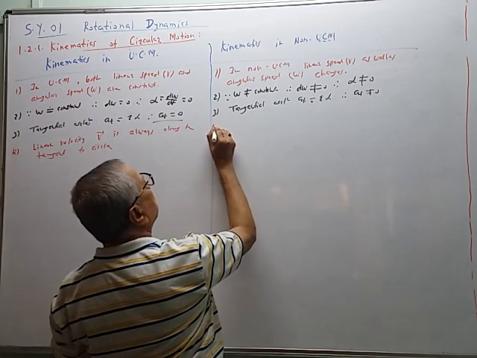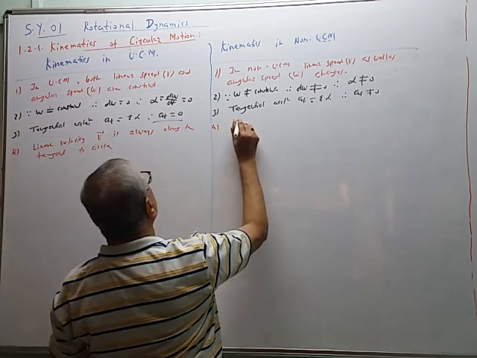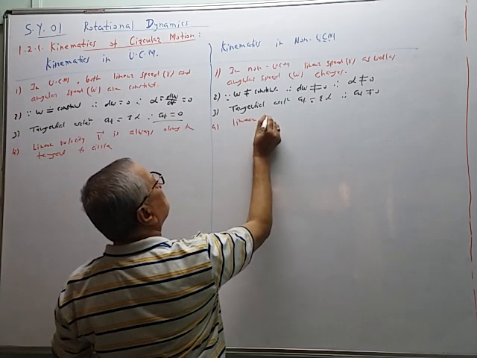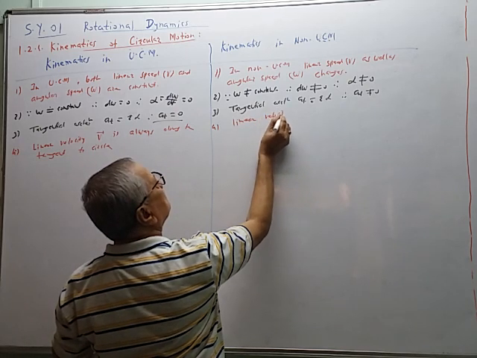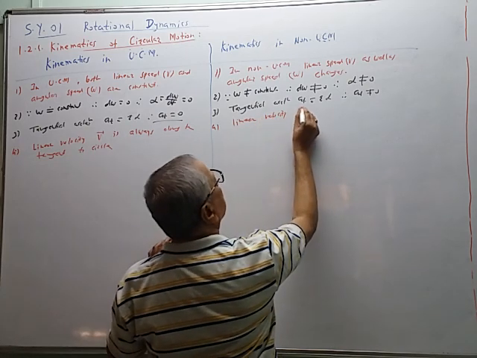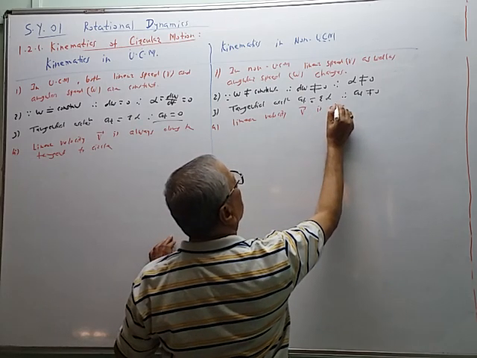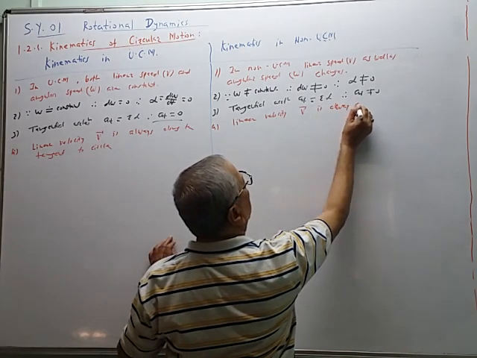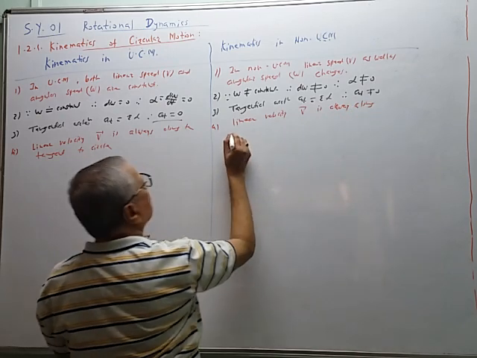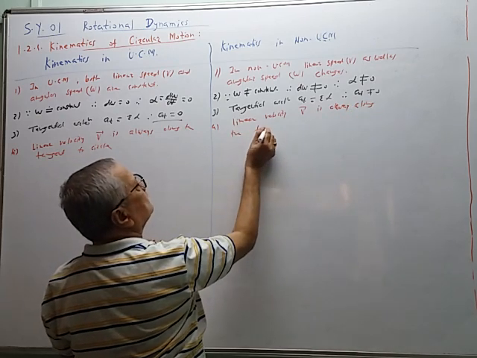Simple. Linear velocity v is always along the tangent to the circle.